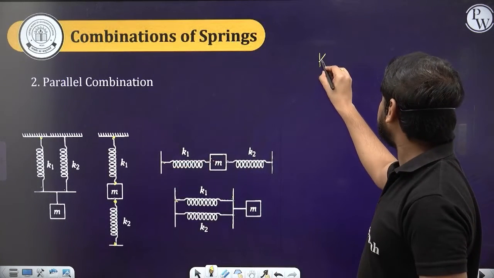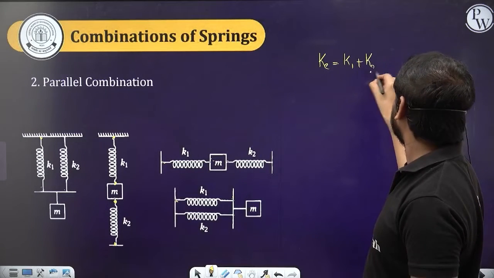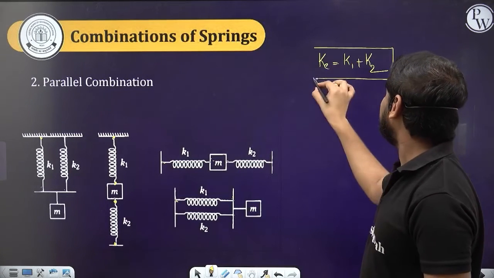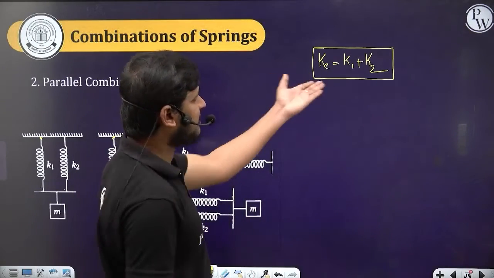In the parallel combination, the K equivalent will be equal to K1 plus K2. So if the two springs have equal spring constant K, it will be 2K.